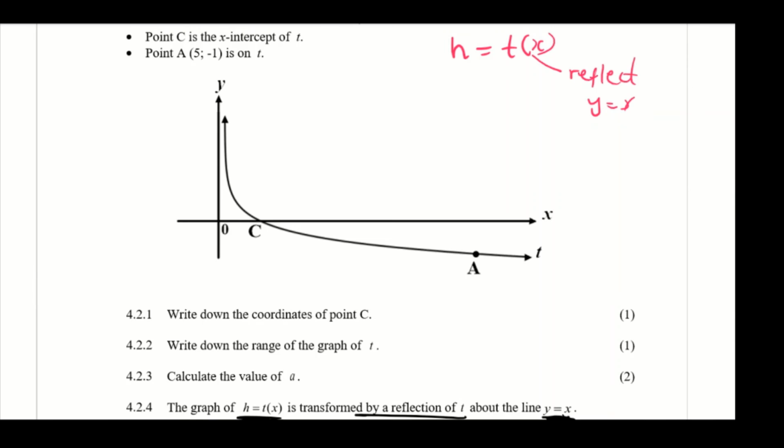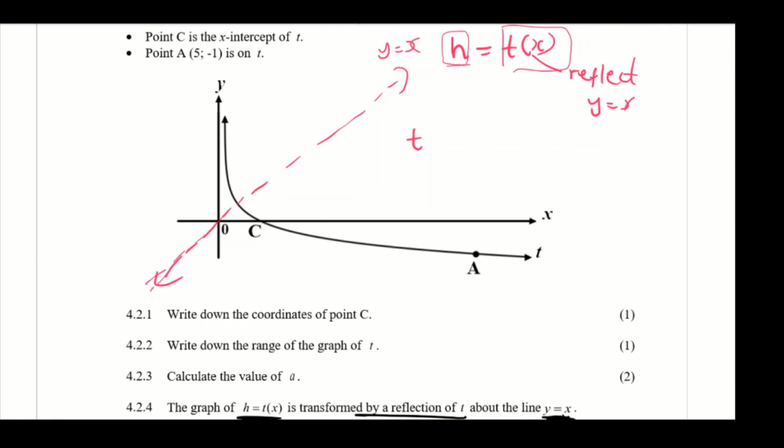So the line y is equal to x is this one, where the y value is equal to the x value. Now we want to find an equation of h. So meaning it is going to be the inverse of T, because a graph that is reflected about the line y is equal to x is an inverse, right?